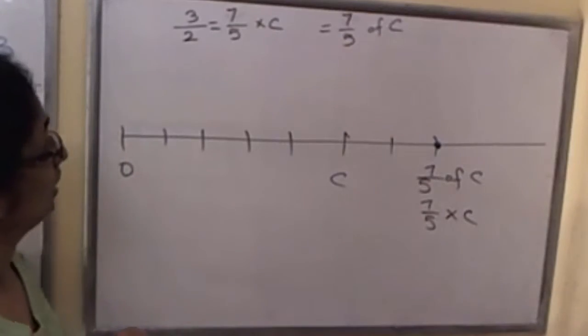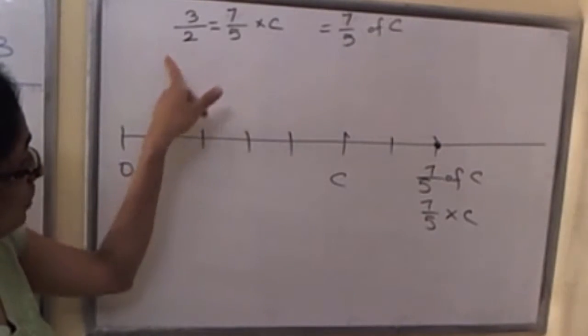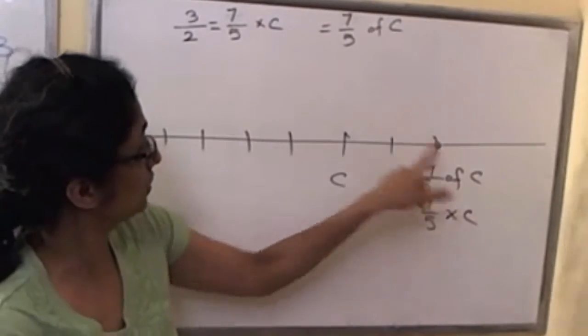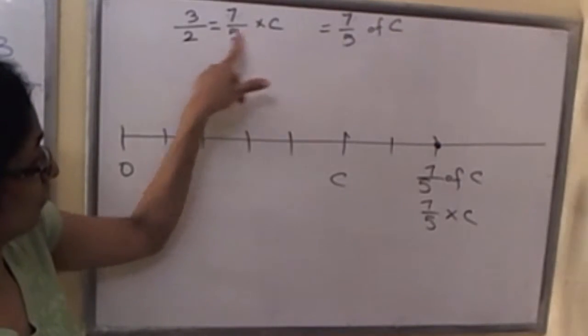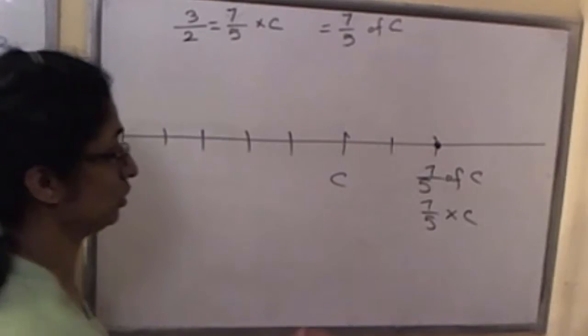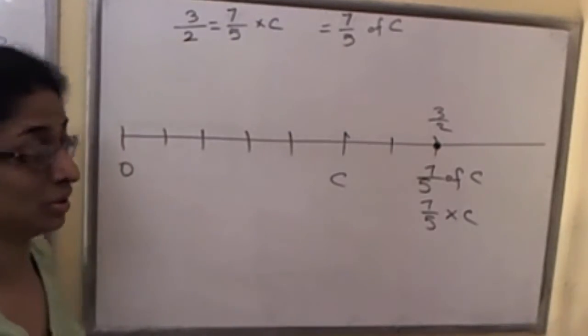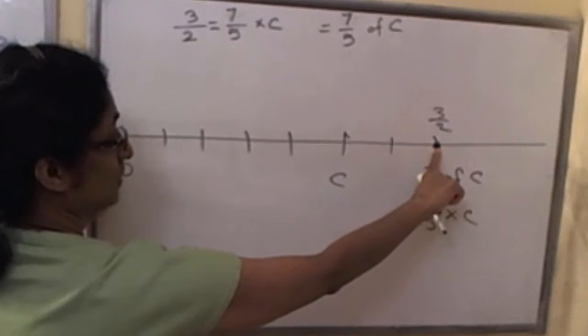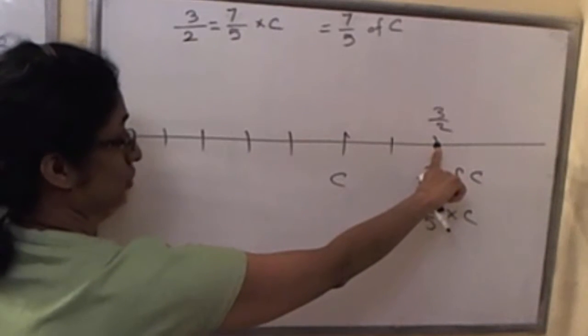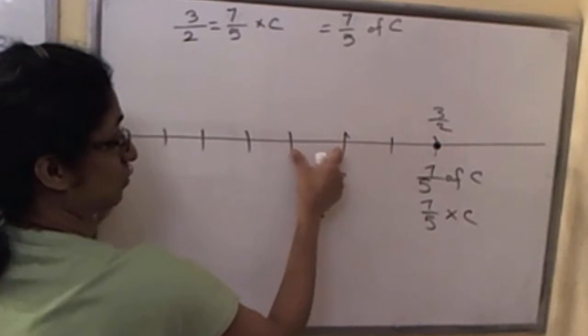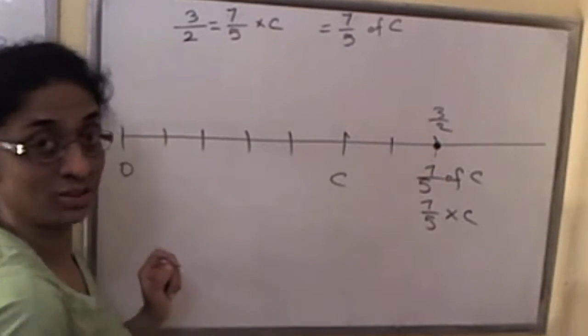It's the same thing. Now we look at this equation. It says 7/5 of c, 7 over 5 times c, is really this point, 3 over 2. So we write here 3 over 2. It's the same point. Now we look at this interval from 0 to 3 over 2, and we notice it's been partitioned into 7 equal pieces.